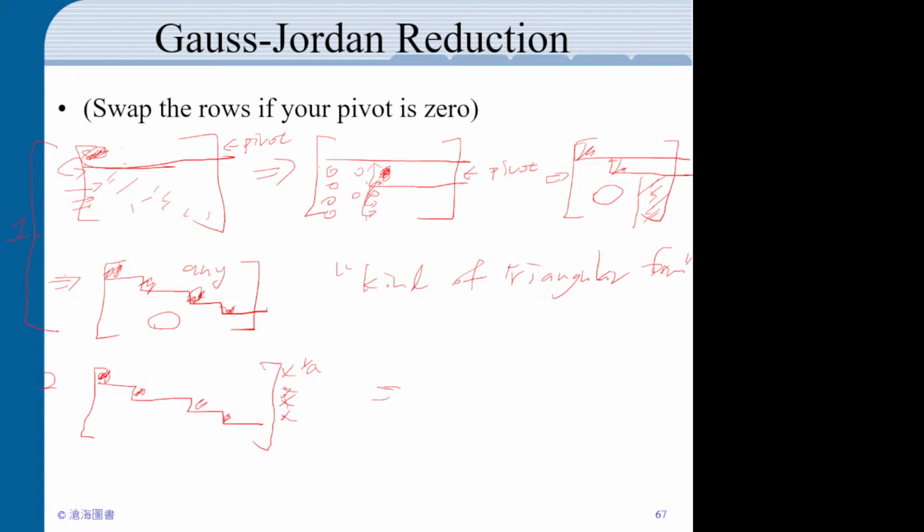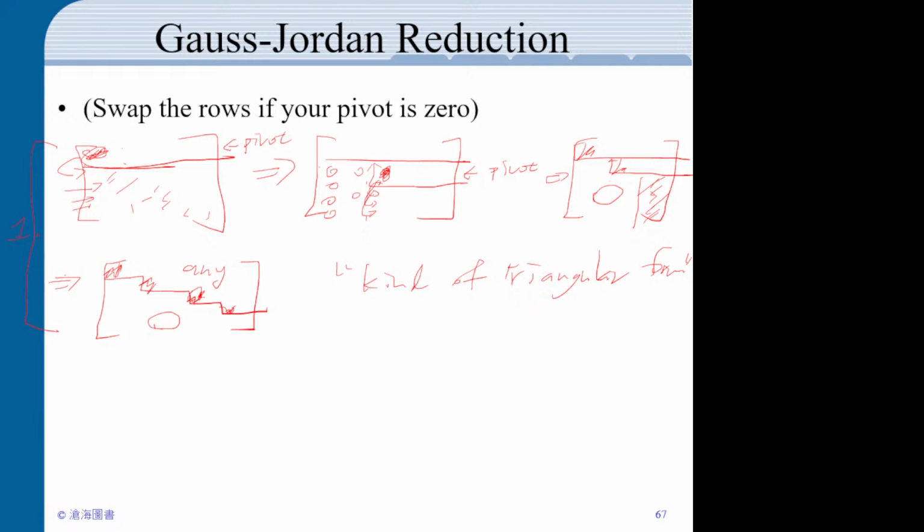And so what I want to get is rows leading with 1 everywhere. Okay, we don't have enough space here, so let me try to draw this smaller. Sorry.